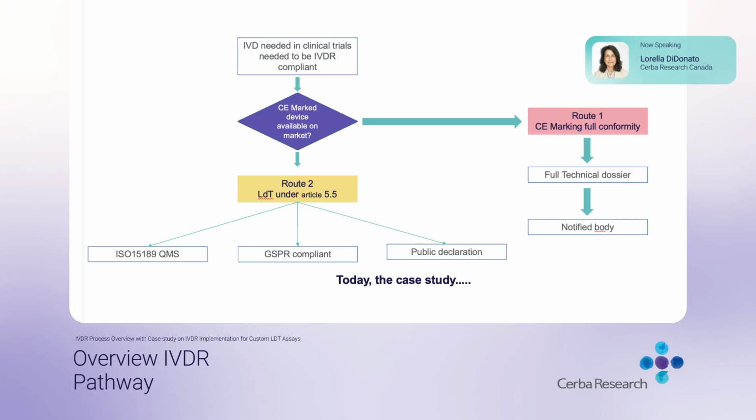The first question is, do we use an existing CE-IVD marked test, or do we proceed with a laboratory developed test under Article 5.5? If a suitable CE-IVD kit is already available, then we take the path of Route 1 presented on this flowchart, which is a relatively straightforward path.